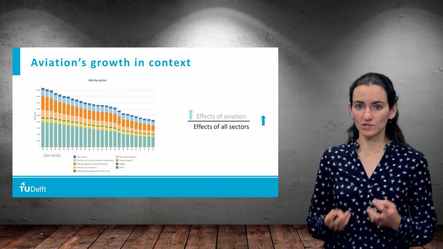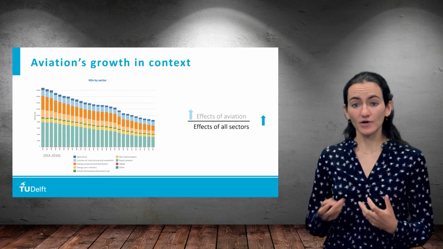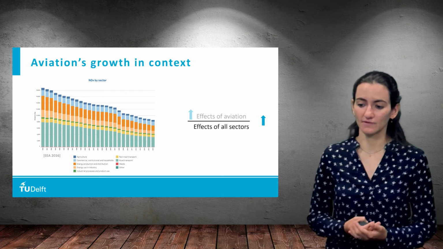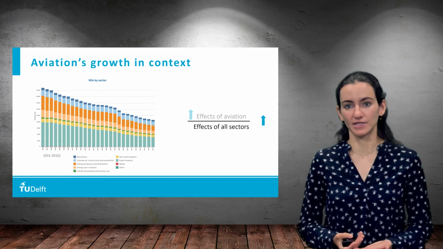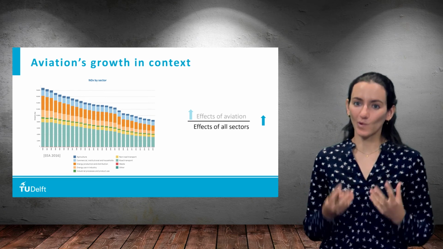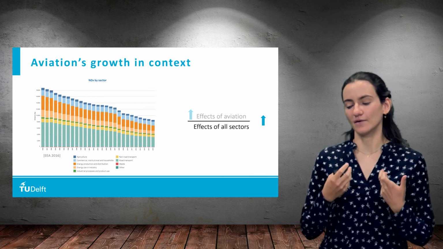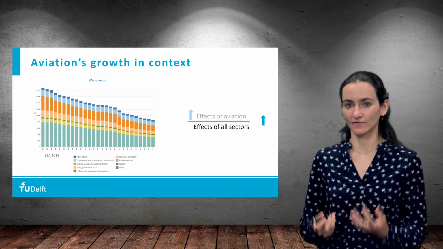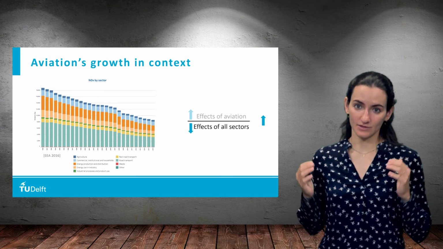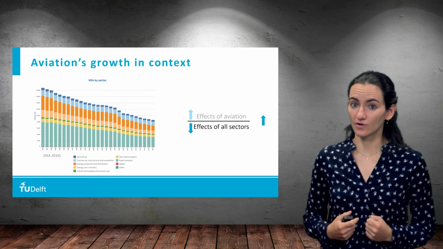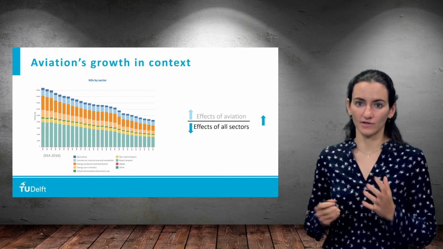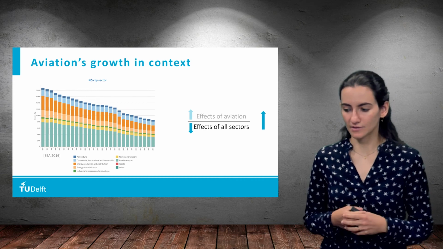And you see that those emissions of the other sectors are going down over time. You see this for road transportation, you see this for industrial activities, you see this for energy production and use. What this means is that the emissions from all other sectors will decrease, meaning that the corresponding environmental effects will also decrease, leading to the denominator of that fraction going down. And of course, the denominator going down means that the value of the entire fraction further increases.